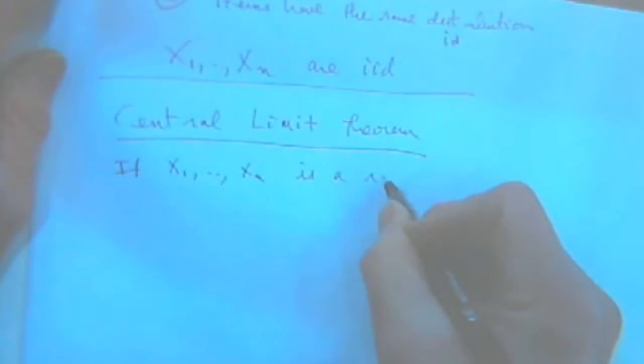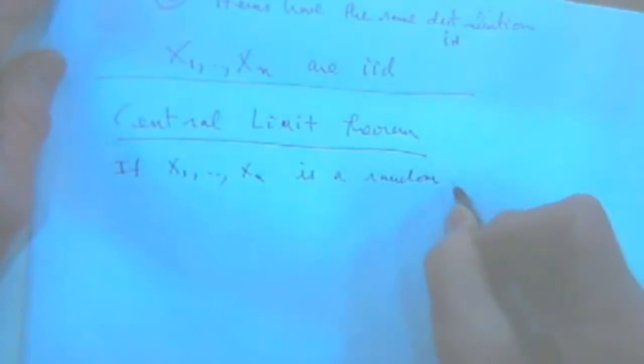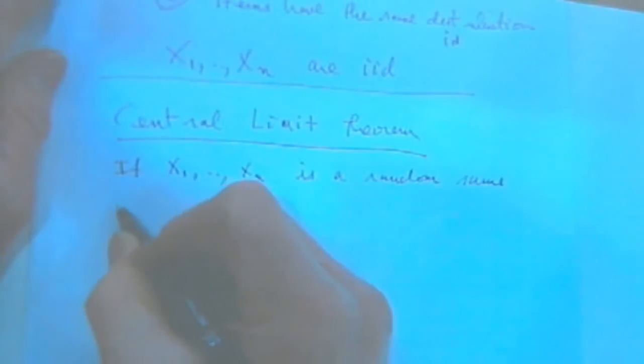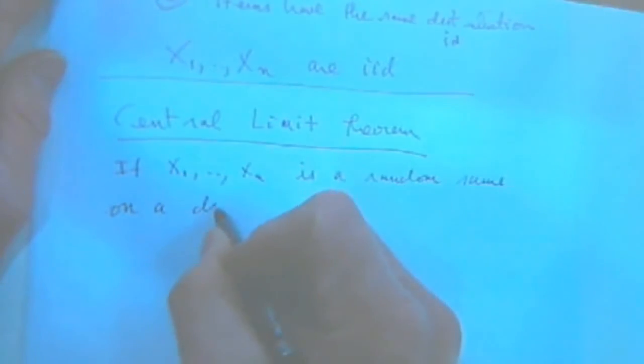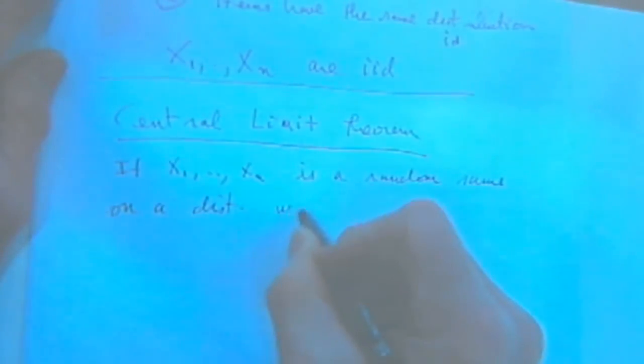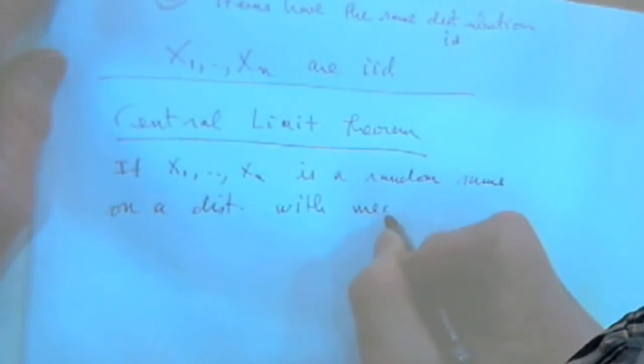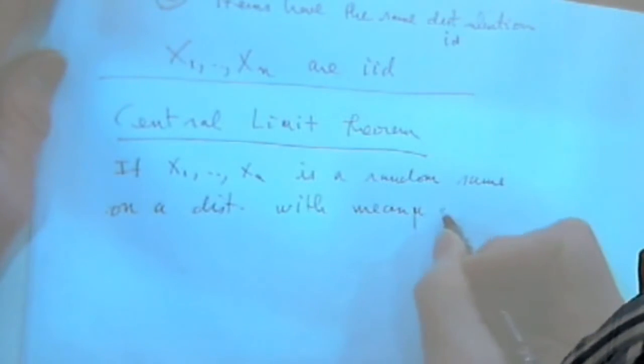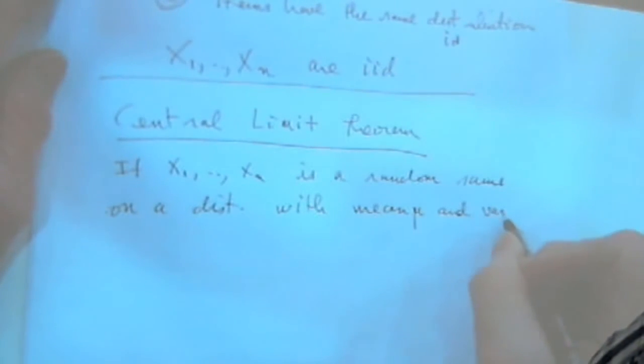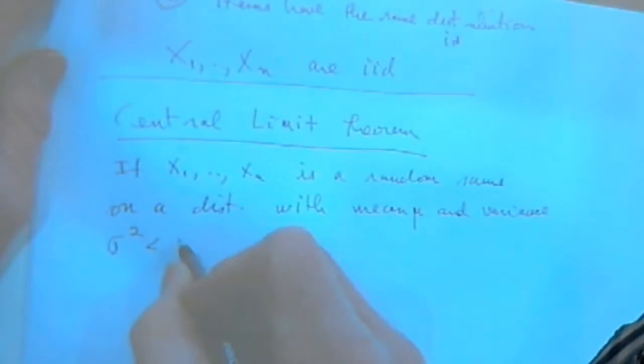This is a random sample on a distribution. It has mean mu and variance sigma squared, which is finite.